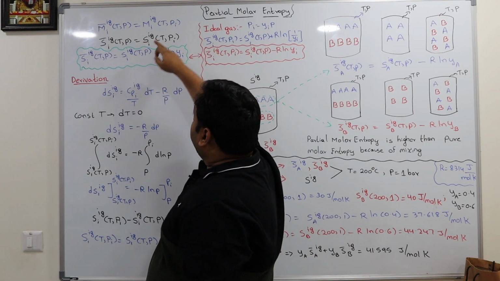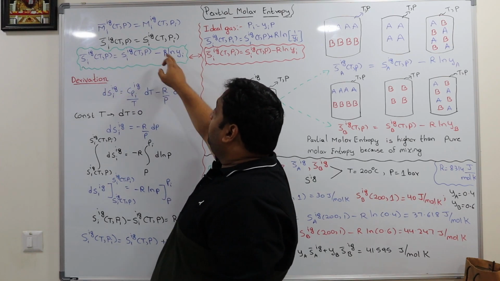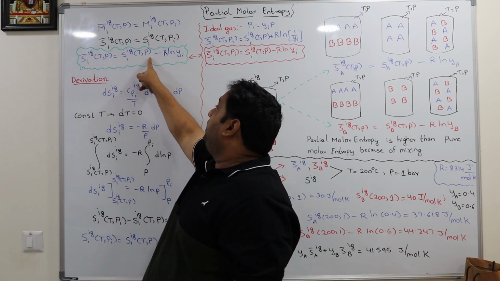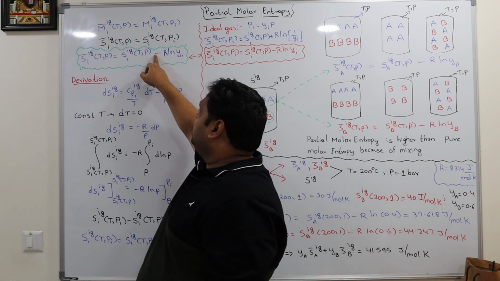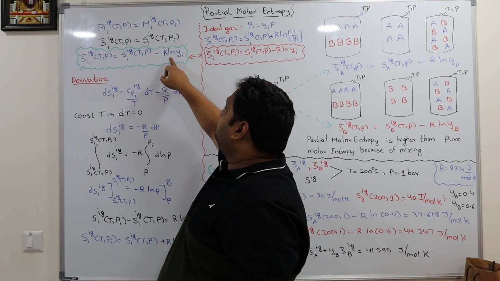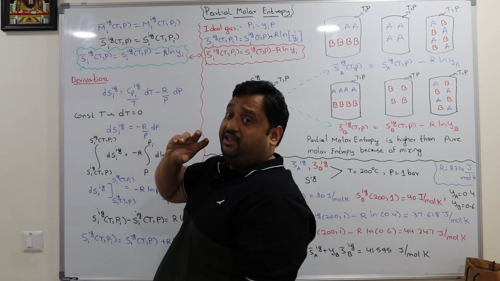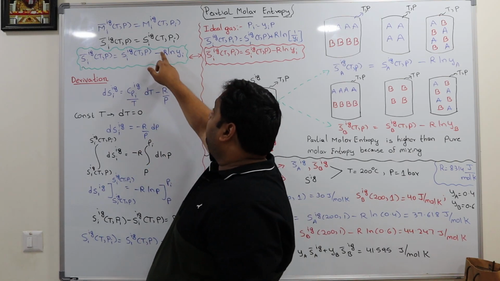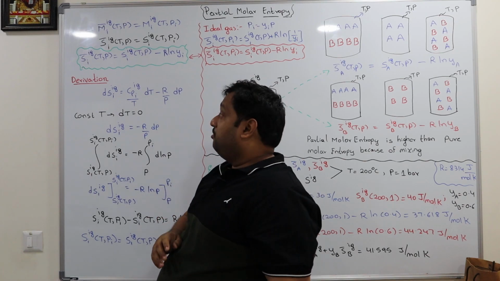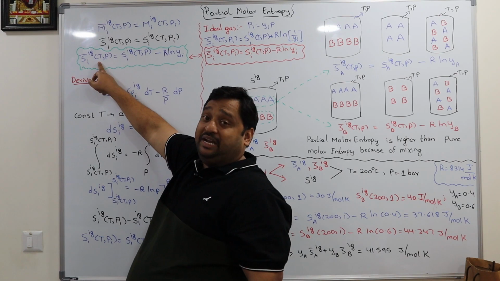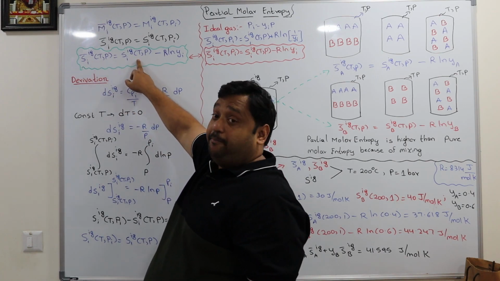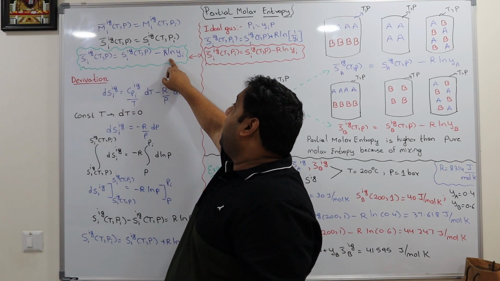So according to this formula, you have to find the pure entropy and then add something. The minus sign will automatically become plus, because ln of a fraction is negative, and negative into negative becomes positive. That means to find the entropy of any component in a mixture, you should know the pure entropy plus R ln Yi.